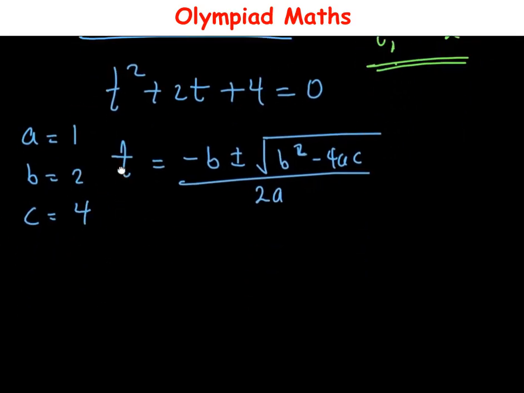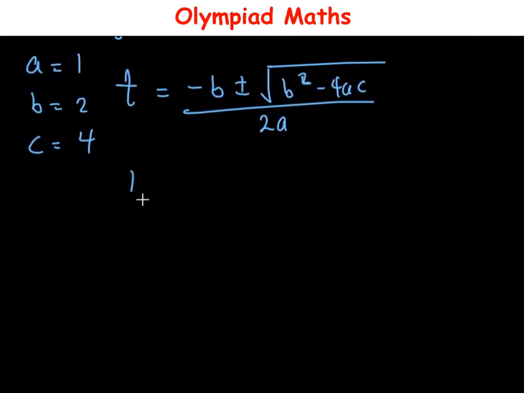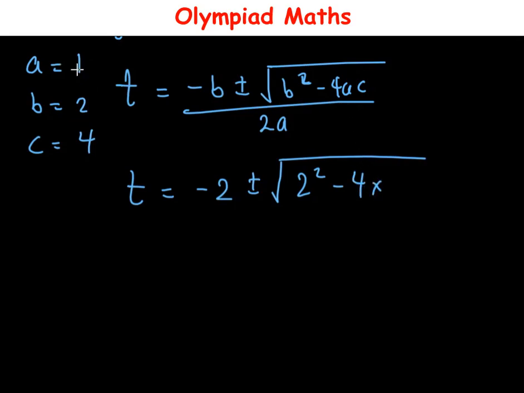So then, to solve for the value of t, t is equal to minus b, which is 2, plus or minus square root b squared, b is 2, so 2 squared, minus 4 times a, which is 1, times c, which is 4, all over 2 times a, which is 1.